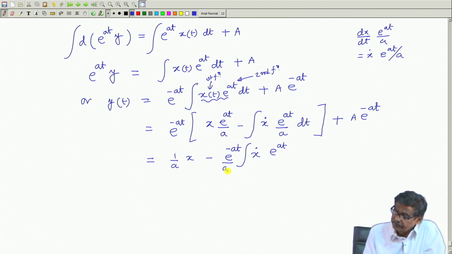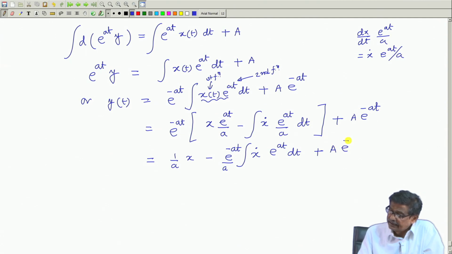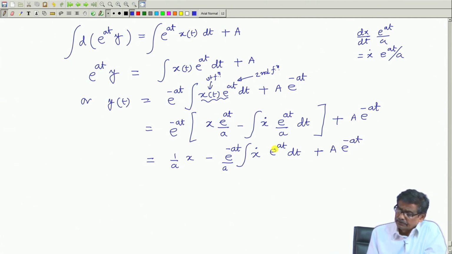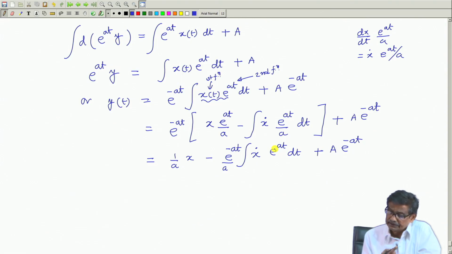So, I have written this into dt and plus this term. A is that integrating constant we have already written. So this will be the thing, clear. You used the product of integration property: first function into integration of the second, minus differentiation of the first function, that is x dot, dx/dt, into e to the power a t by a, and so on.